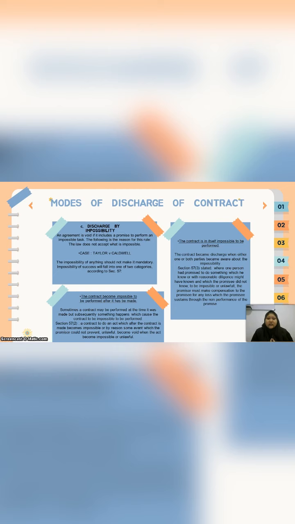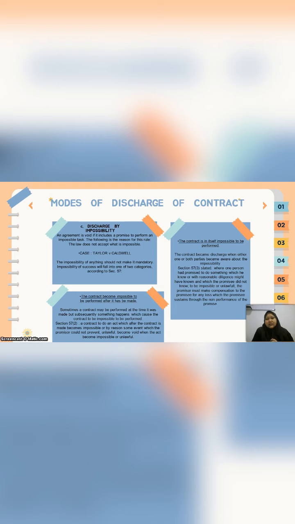Sometimes a contract may be possible to perform at the time it was made, but subsequently something happens which causes the contract to be impossible to perform. Under Section 57(2), a contract to do an act which, after the contract is made, becomes impossible or unlawful by reason of some event which the promisor could not prevent, becomes void when the act becomes impossible or unlawful.